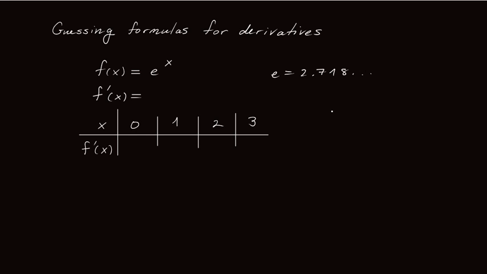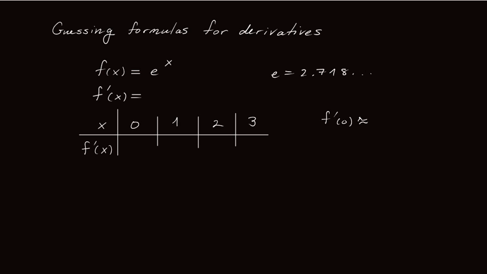For example, to figure out what f prime of 0 is, it's going to be very close to the average rate of change over the interval between 0 and 0.0001.